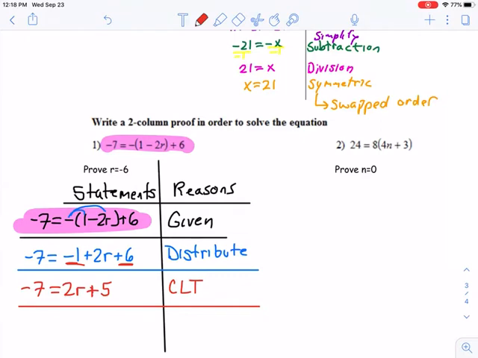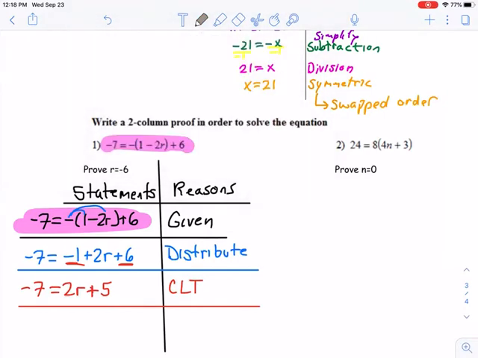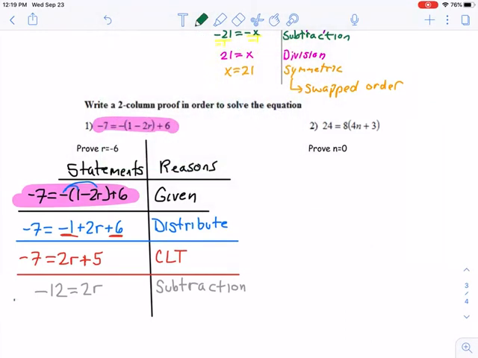Next I'm going to get rid of this 5 by subtracting it from both sides. So I subtracted 5 from both sides, and that's how I got -12 equals 2r. Subtraction. Okay.